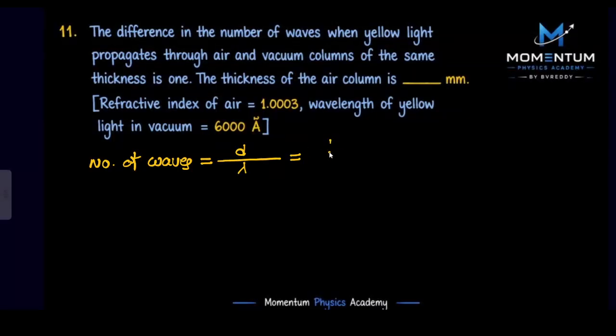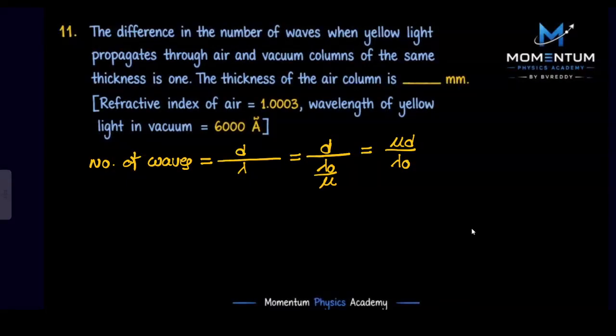Now, D by lambda is given as, lambda naught by mu. Then mu is, this is mu D by lambda naught, where lambda naught is the wavelength in vacuum.